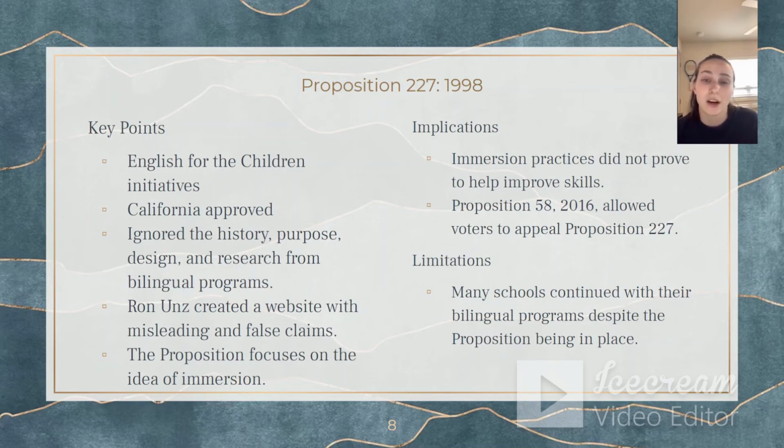He essentially created a website full of misleading and false claims, and the emerging practices did not prove to help a student's skills. So Proposition 58 in 2016 allowed voters to appeal this proposition. Many schools still continue the bilingual programs despite the proposition being placed in 1998 in California.